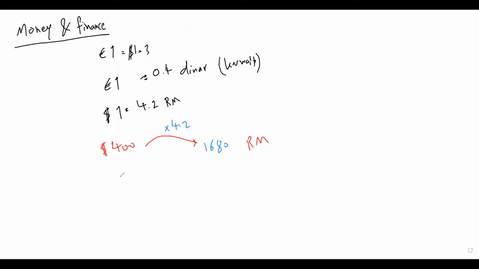And let's make it a little bit harder. Let's say you have 1,200 dinar in your pocket. So how much dollar can you buy with that? Maybe we do euro first, that's easier. How much euro can you buy with that? And then the next question is how much dollar can you buy with that. So for euro, you have the rate here, right? That's given to you.